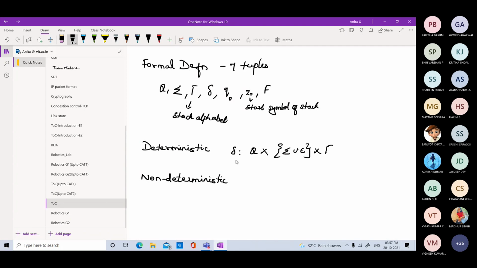In the previous case, the finite automata, we dealt only with the set of states and the input alphabets. So here we'll be dealing with the stack alphabets. For that, I'll have transition to Q cross tau. So just make a note of it.